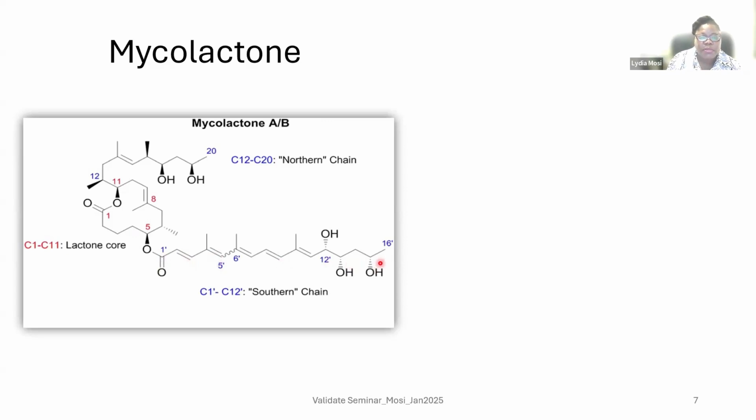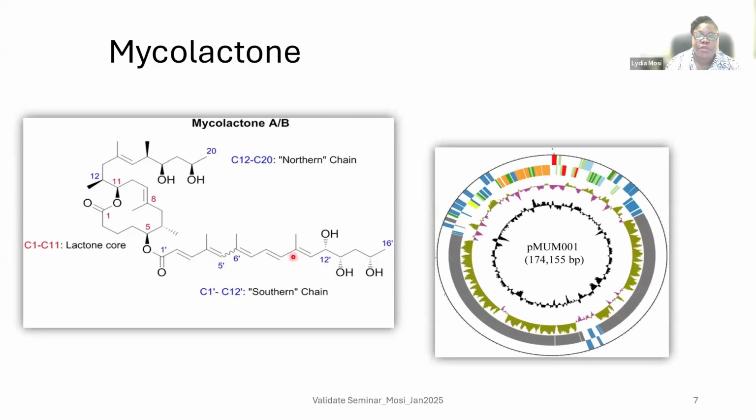But this molecule is produced by a huge plasmid, which is found within the Mycobacterium ulcerans bacterium. This plasmid primarily has three main genes which produce the core lactone and the side chain, and some other genes add accessory groups to the side chain and to the core of the molecule.